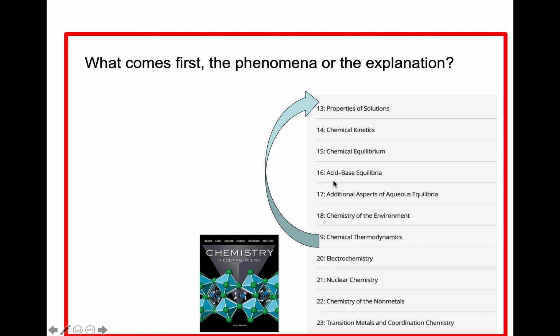Now, this placement right here, this comes after equilibrium within my course. So we're sort of back to this case, teacher to teacher. What comes first? Do you want the phenomena or the explanation? It's useful within my book where we're looking at the phenomena first, and then we can begin to explain it when we add this tool to our tool belt here. If we place it first within here, you'd have to work a lot more to begin to establish what we even mean by equilibrium.